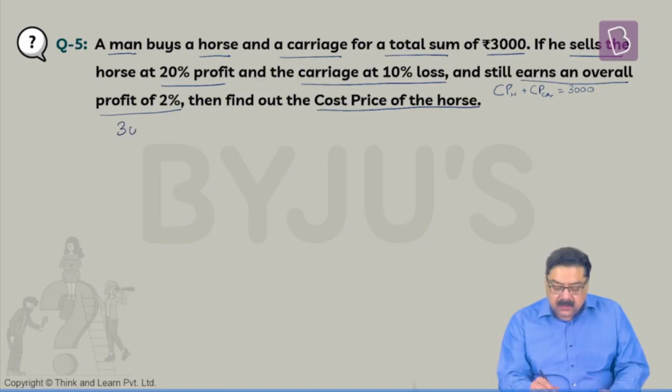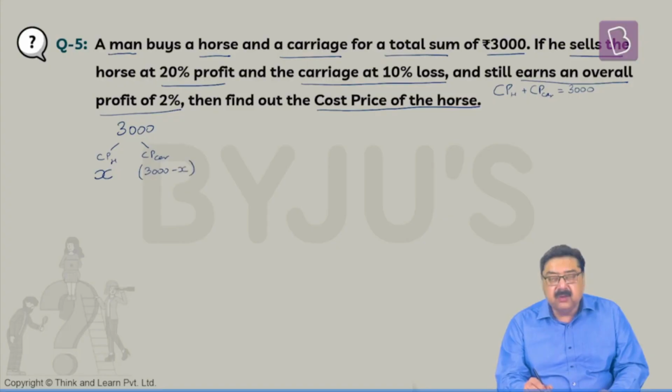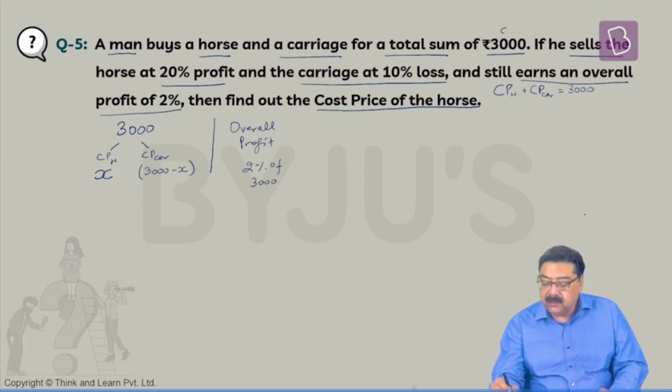So this 3000 rupees is the total cost of horse and the carriage. Let us assume the cost price of horse as X, then the cost price of carriage should become the remaining amount out of 3000, which is 3000 minus this X. Now it is also given to us that overall profit is 2%. Now 2% of how much? Of 3000, which is the total cost price.